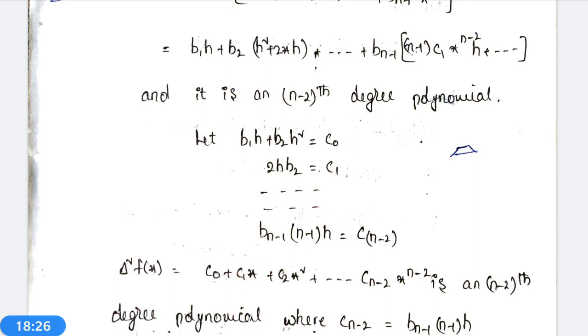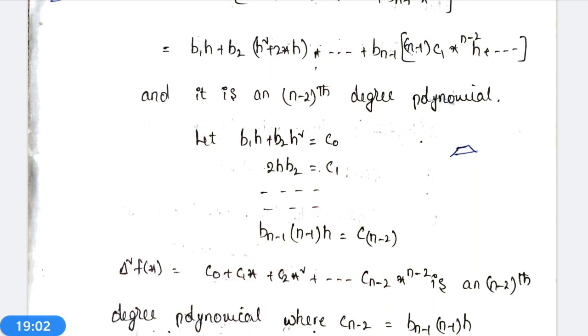Continuing, delta power n fx is equal to an into h power n into n into n minus 1 into n minus 2 etc. 3, 2, 1.